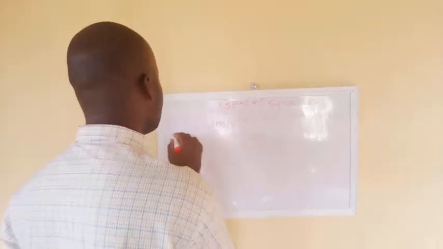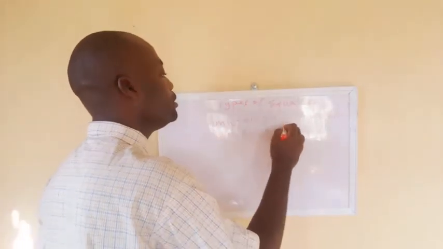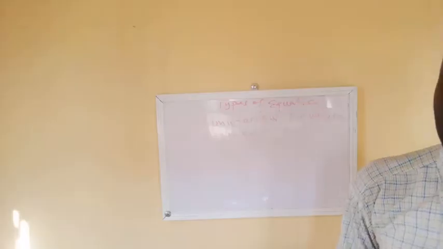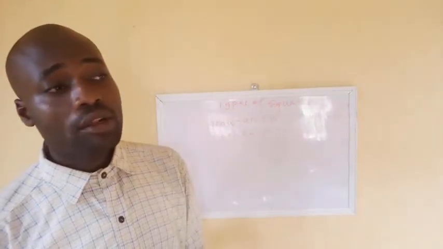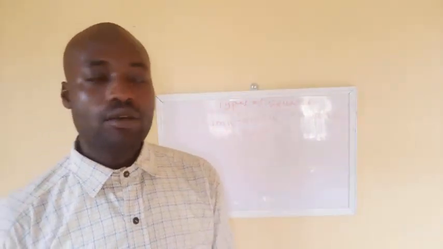It is an equation that contains two unknowns, or let me say two variables. Now in the first example I gave, we looked for the value of x. But for simultaneous equation, it contains more than one variable, which is usually x and y, a and b. So that is the only difference.